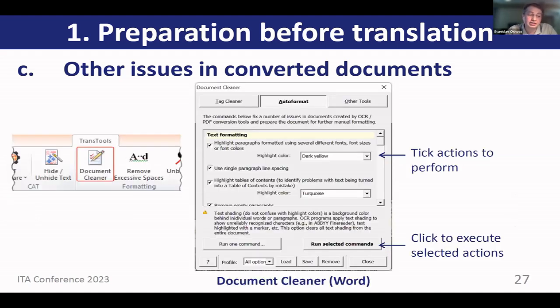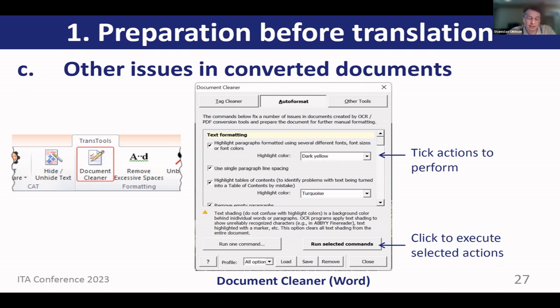To help you address these challenges, you can use Document Cleaner tool available in TransTools for Word, which I have already covered when I spoke about cleaning tags. Using the Auto Format command in Document Cleaner available under Auto Format tab, you can find formatting issues that require manual correction and also fix some other formatting issues automatically.